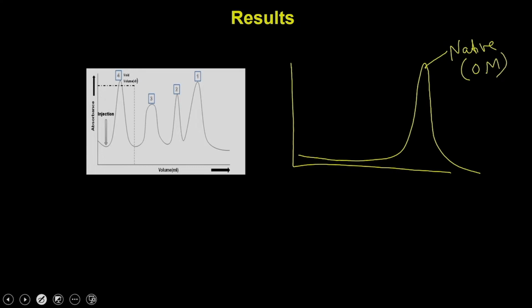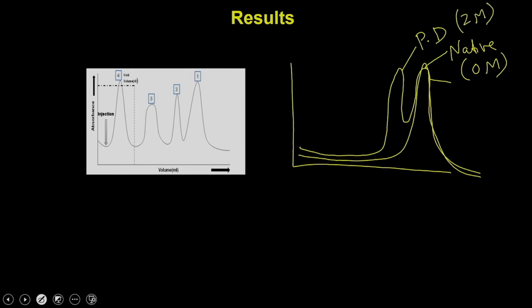Once you increase the urea concentration, what will happen? It is going to shift and give you two peaks. One peak is for the native protein, the second peak is for the partially denatured protein. Suppose this is at 2 molar urea.